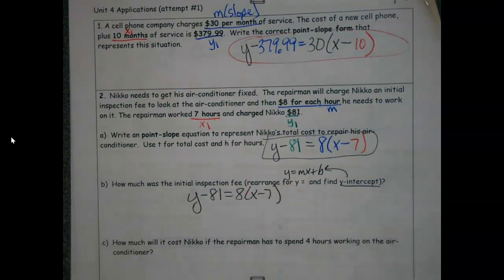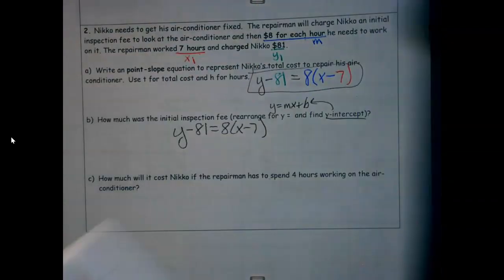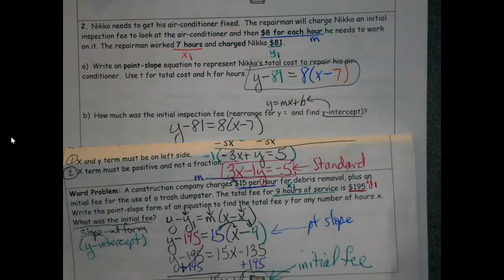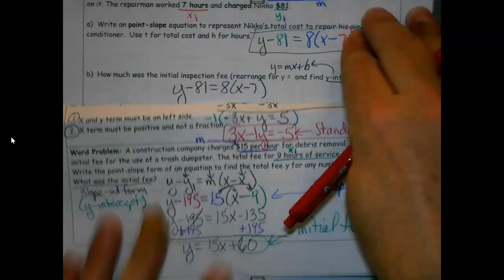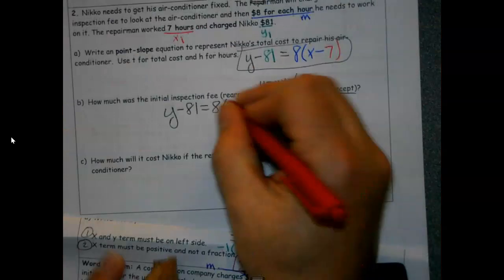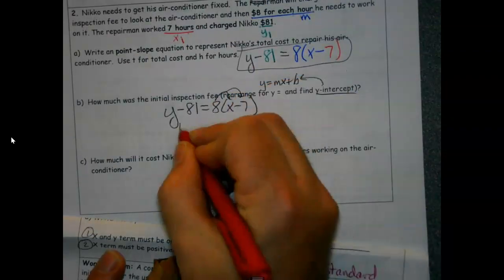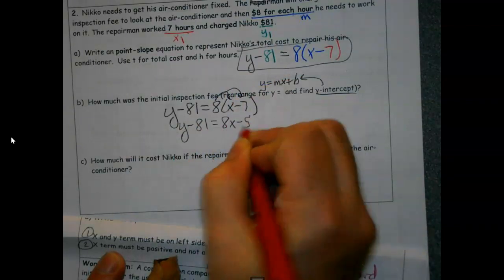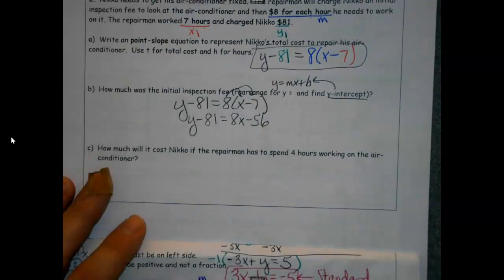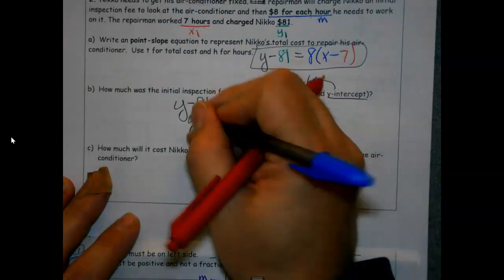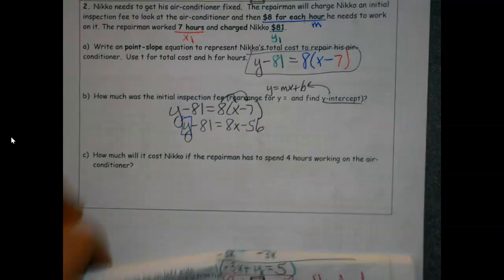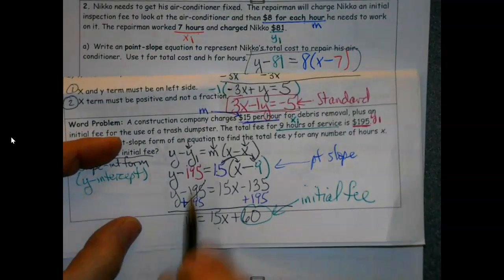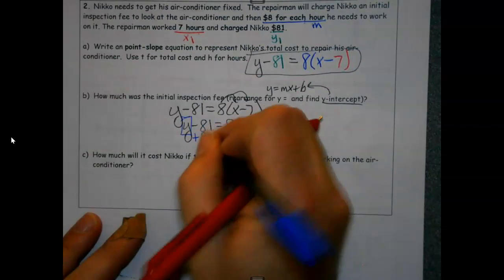And now my job has become get it into this form. So you're like, okay, distribute. Multiply each of those by 8. And then my one last step, I got to get y by itself. Do the opposite of what's with it.